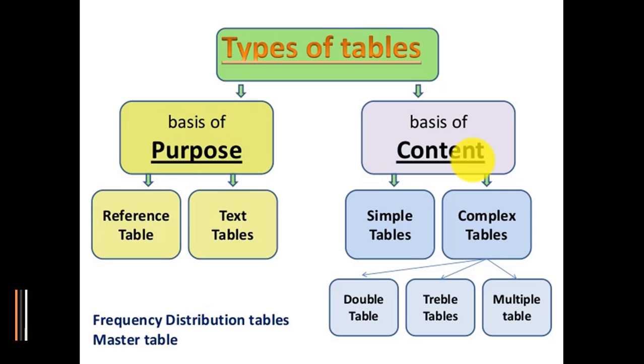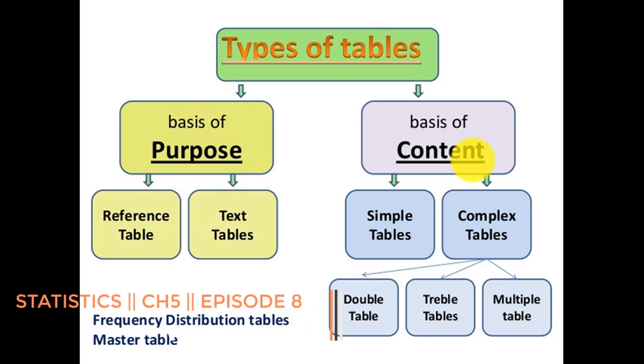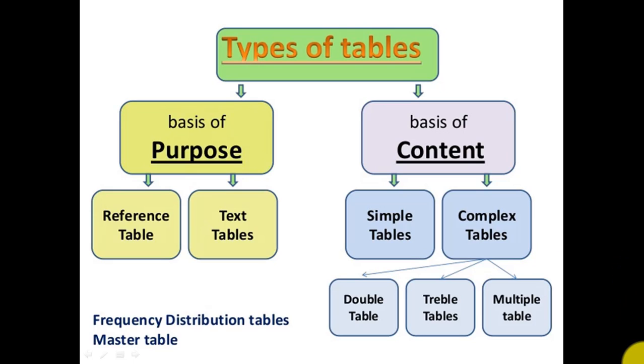So a general purpose table, a special purpose table. On the basis of nature of data, original table and derived table, and on the basis of extent, simple table and complex table.